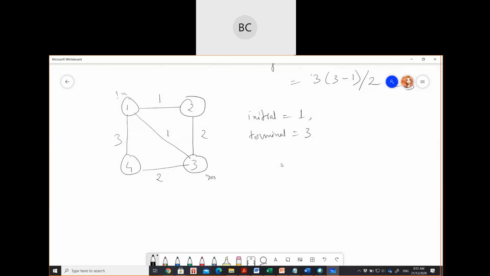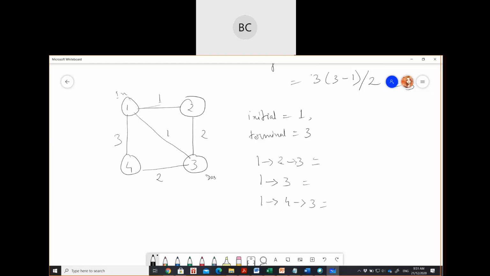So what are the paths from 1 to 3? One path is from 1 to 2, correct? From 1 to 2, then 2 to 3, correct? Then another path is just a single edge between 1 to 3, correct? There's another path which goes from 1 to 4. So 1, 4 and 3, correct? 3 paths. So now can you tell me the cost of each path?